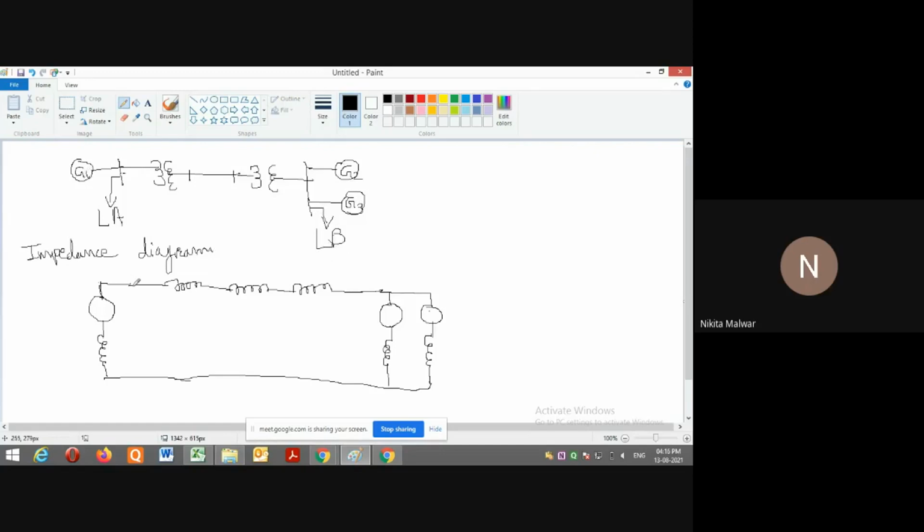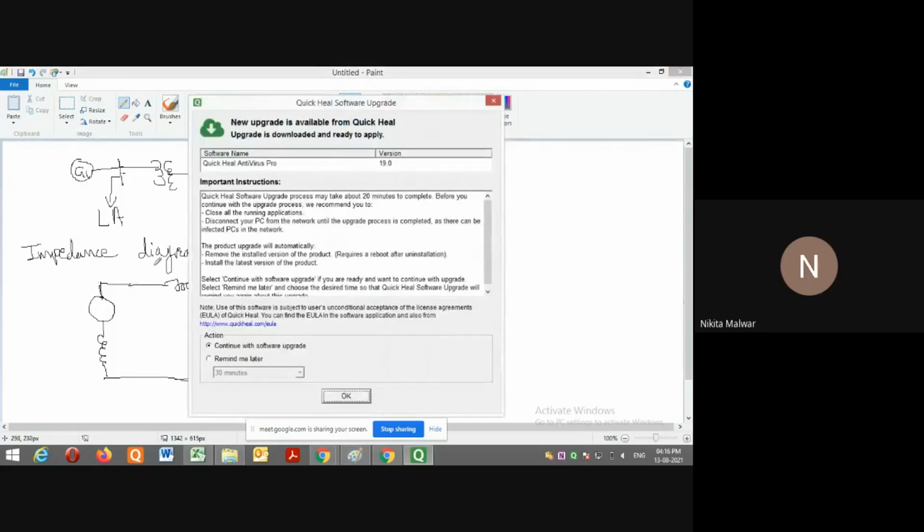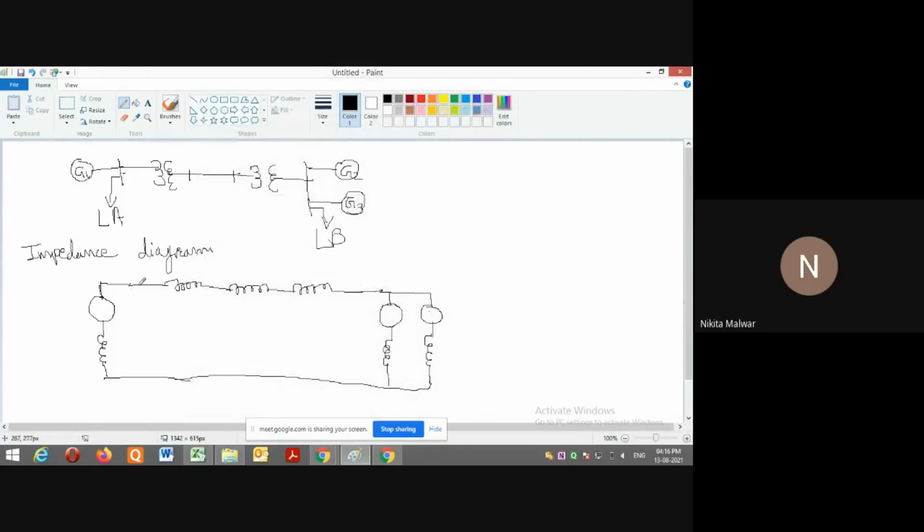So let us draw the generator 1 side, where we will have to consider the load.